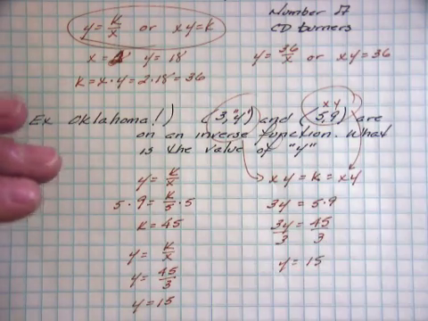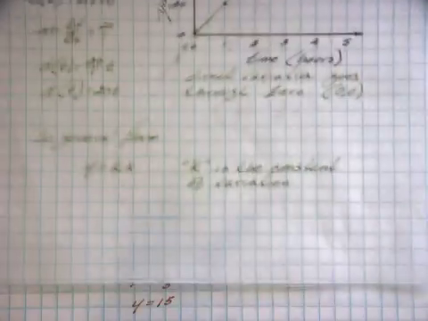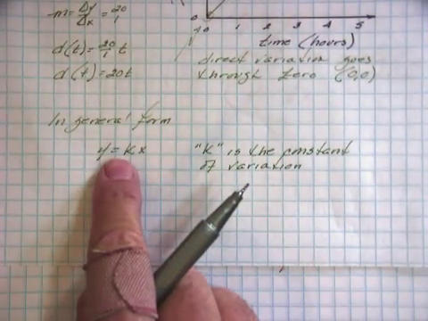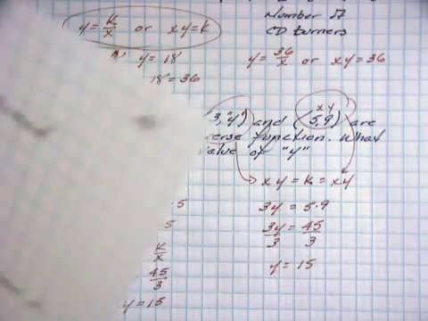I can just drop the k. I don't need the k in the middle. So now I've got 3y equals 45. Divide both sides by 3, y equals 15. So you can use either one of those to figure out what the y value is.